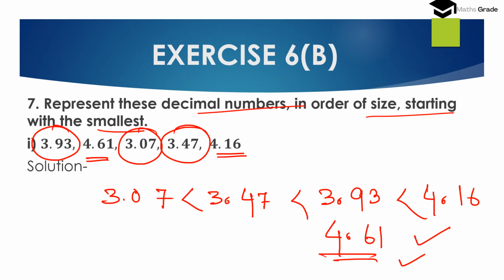So the arrangement of the decimal numbers from the smallest to the largest decimal is 3.07, 3.47, 3.93, then 4.16, then 4.61. 3.07 is the smallest decimal number and 4.61 is the largest decimal number.